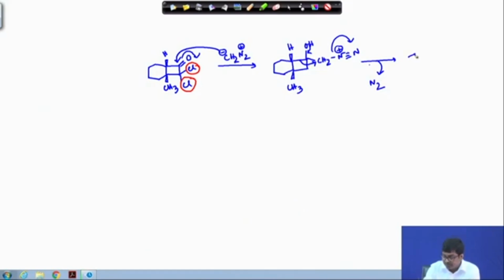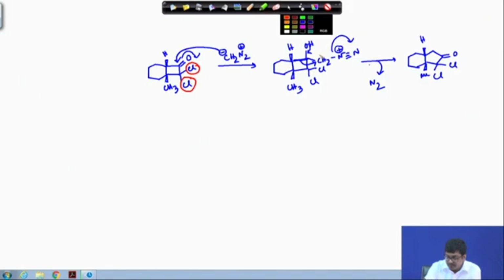So, okay. Now, once this bond, this one migrated to this particular carbon, then if we see this is this carbon, what is here. So, now it is here.